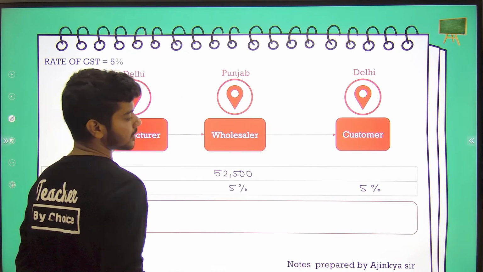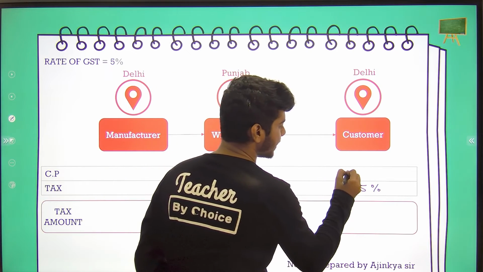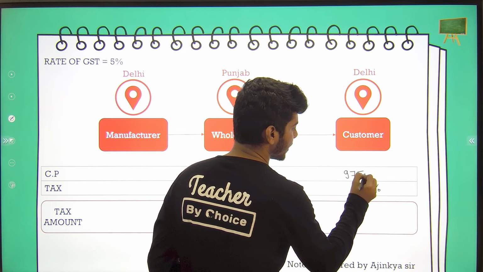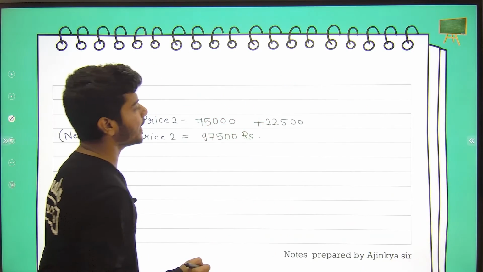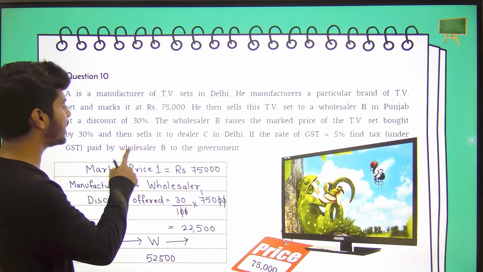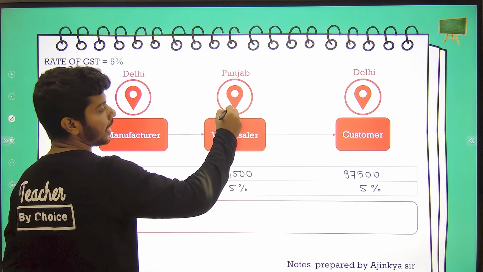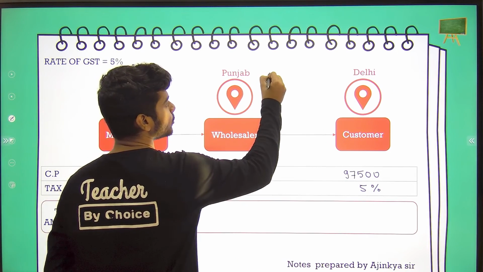He sells to the customer at a rate of 97,500. Now they are asking to find the tax paid by the wholesaler B to the government. How much tax will he pay to the government?